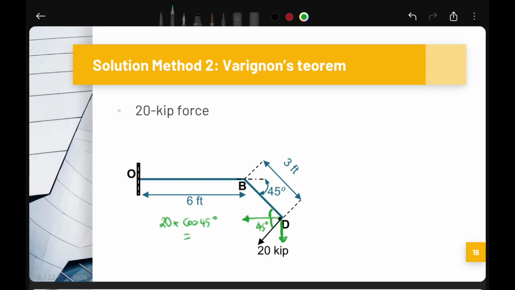This is equal to 14.142 kip. Similarly, the y component has the same value because we have 45 degrees, 14.142 kip.